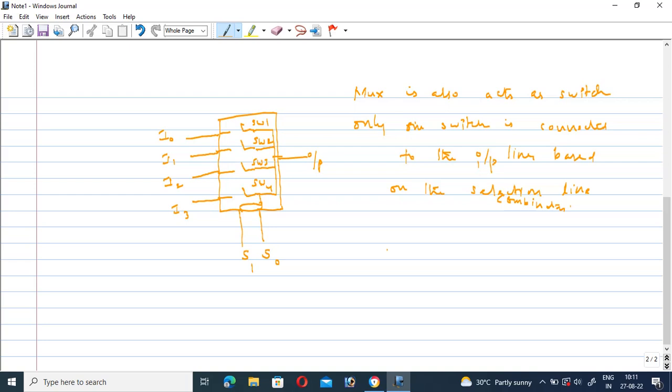So let us see some of the applications of the multiplexer. We have numerous applications.